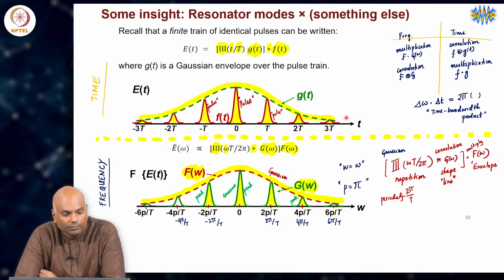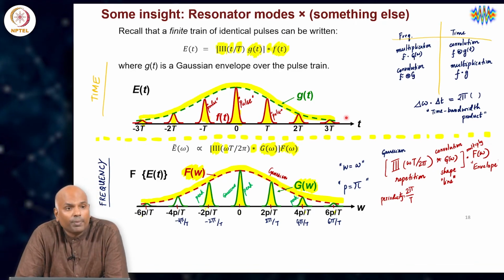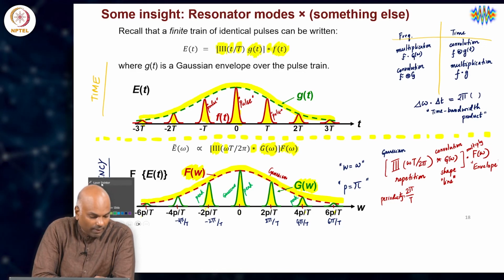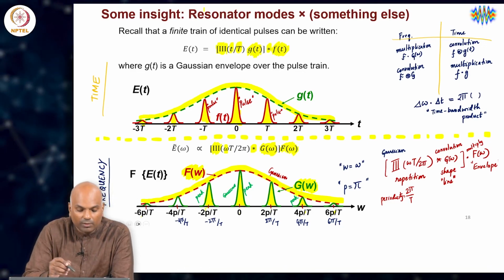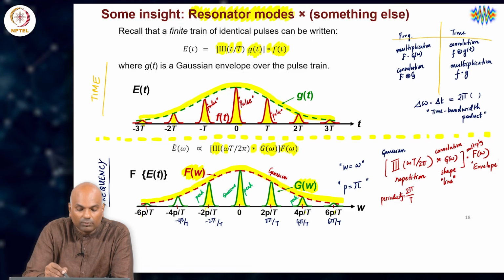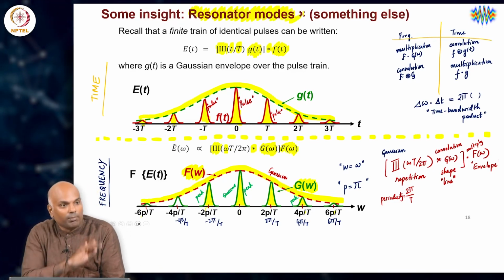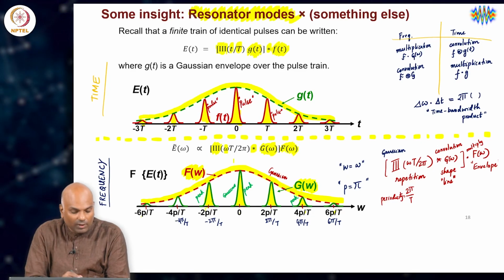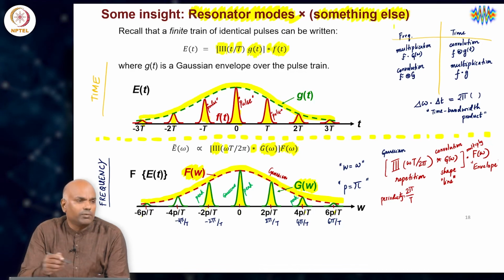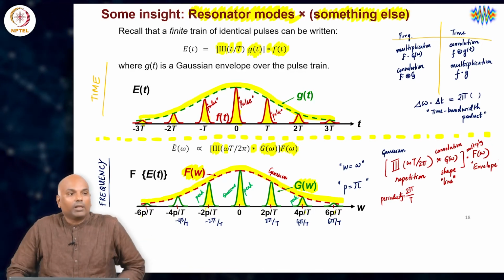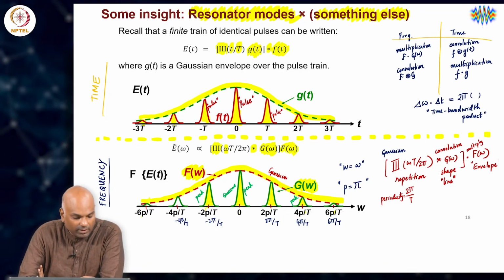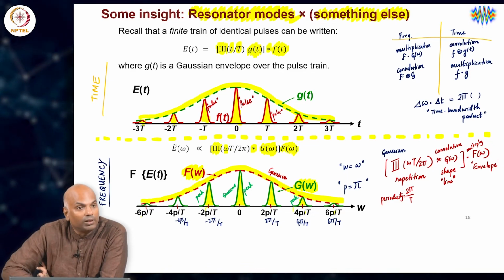So, what was the whole burden of this discussion? All we now said is that if I took the resonator modes, which are these peaks in the frequency domain, and multiplied them with an envelope, which I call multiplied by something else, coming out of the real physical aspects of the resonator, then I get a very realistic spectrum of the transmittance.